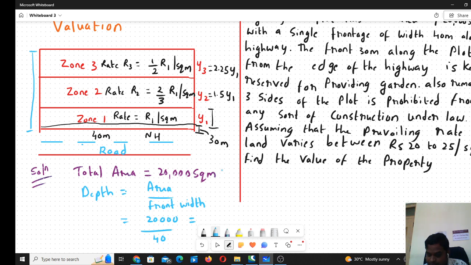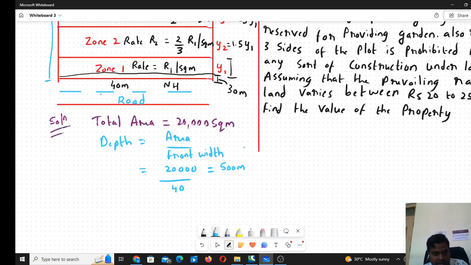So the total depth is 500 meter. Now in this 500 meter, I need to calculate the depth available. As per government rules, 30 meter needs to be given for gardening purposes. So it means 500 minus 30, and the depth available for me is 470 meter.